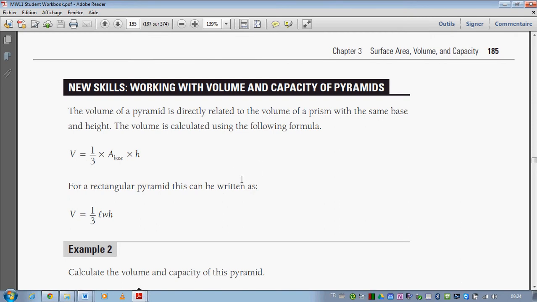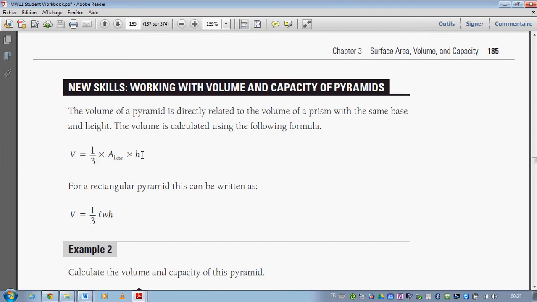Okay, so moving on to working with volumes and capacity of pyramids. The volume of a pyramid, and actually the volume of a cone, is the area of the base times the height, and then divided by 3. Now, I know this says multiplied by 1/3, but remember that when you multiply by 1/3, it's the same thing as dividing by 3.